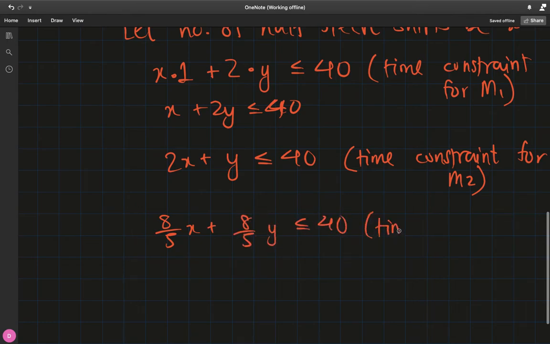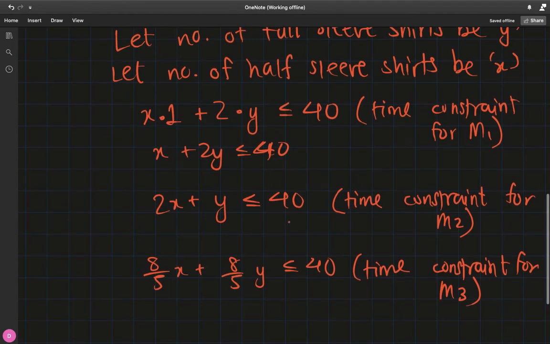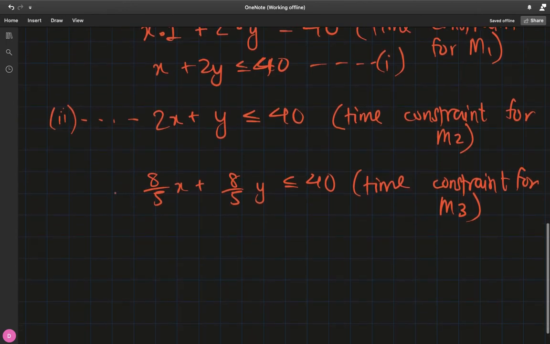So this is the time constraint for machine 3. Okay, so we have three inequalities. Call them say 1, 2 and 3.